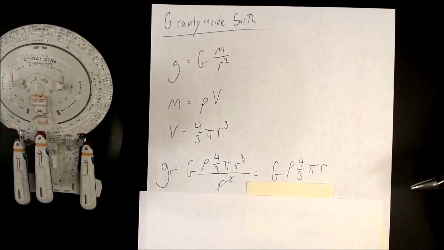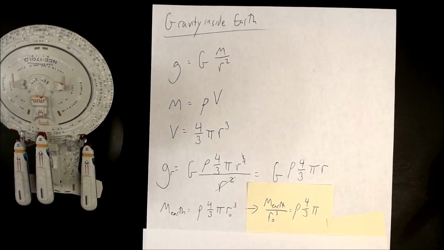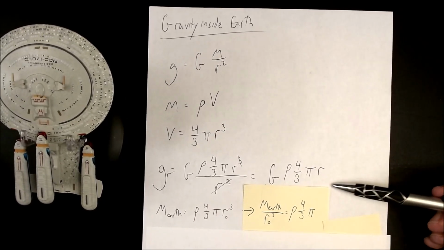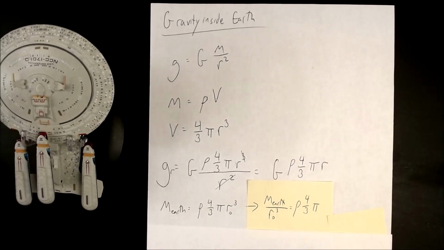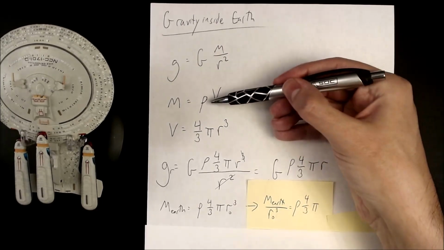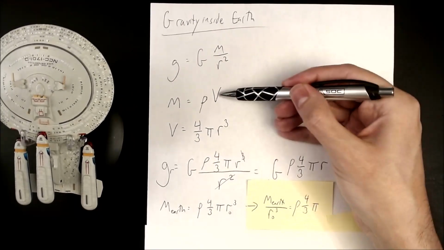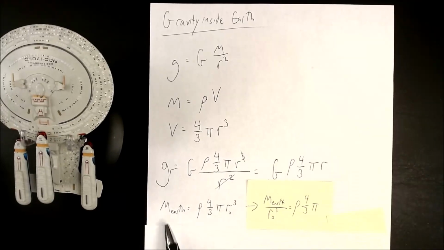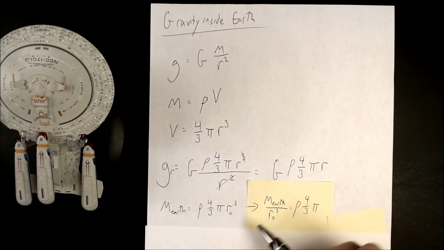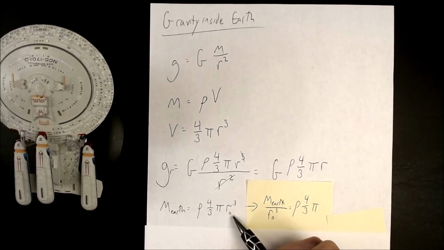How can we simplify this? I actually went through some iterations on how to simplify it best, so I've got little post-it notes covering up old versions of this. But the mass of the Earth should be the density of Earth times the volume of Earth. So the mass of the Earth is going to be rho times 4/3 times pi times the radius of the Earth cubed.